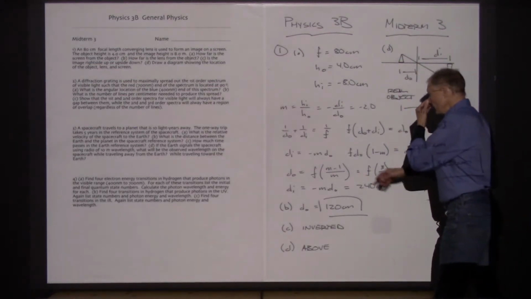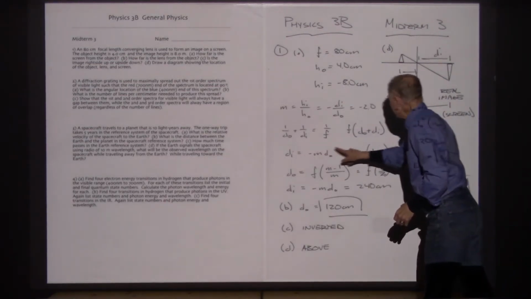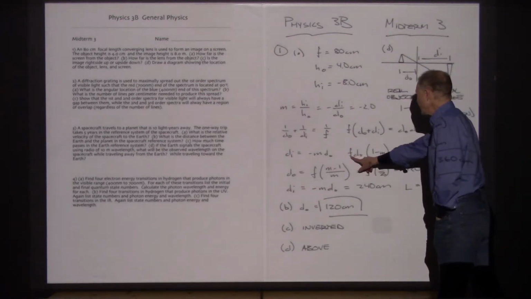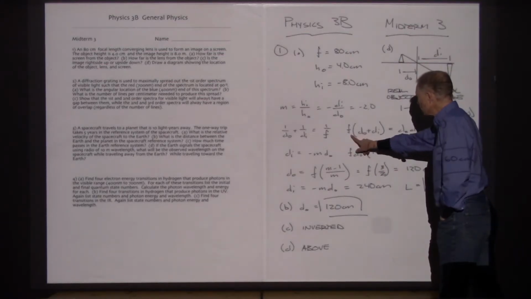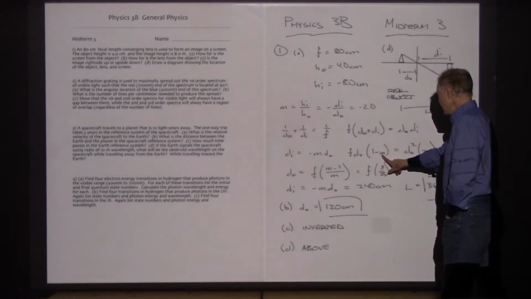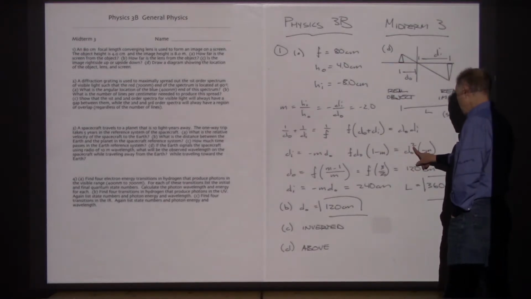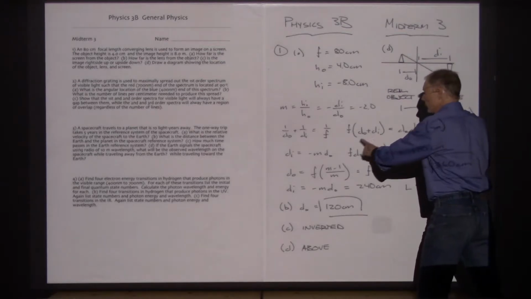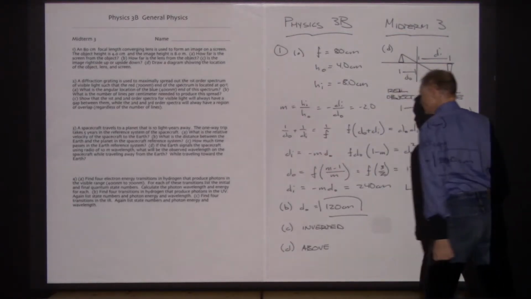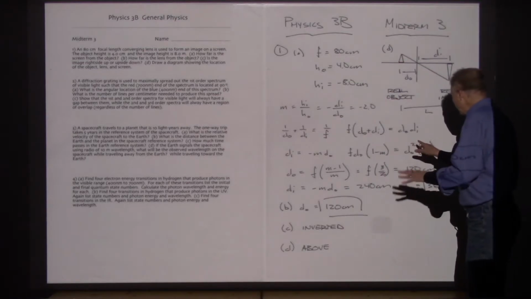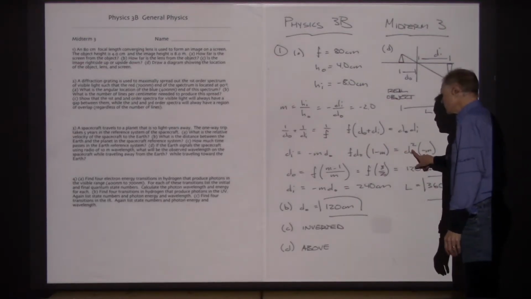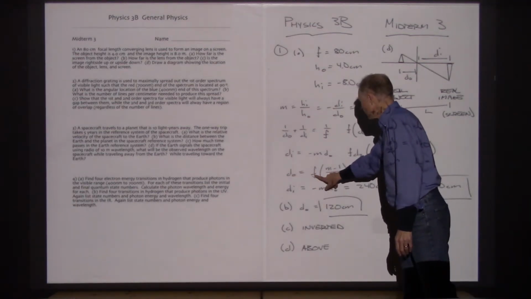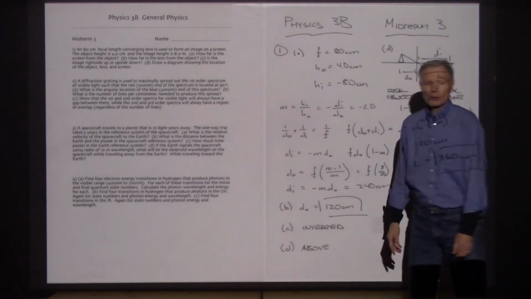And so if I take the DI that I have here and substitute in this expression, now I have F times DO, I can factor out a DO, 1 minus M is equal to DO squared minus M. So I took the two DIs and substituted in this expression. Now I can eliminate one factor of DO, and what I'm left with is DO is equal to the focal length, M minus 1 over M.